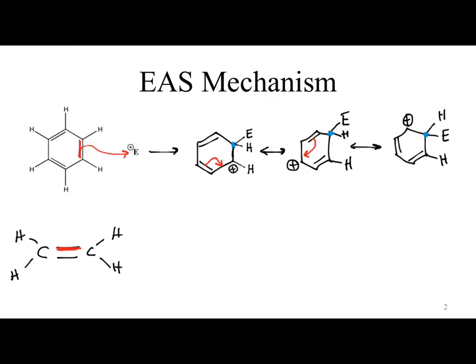These structures carry a very particular name, and it's all based on that blue carbon. What can you tell me about the bonds around that blue carbon? Wow, I think I actually heard someone say it. They are all sigma bonds. These 3 structures typically get called sigma complexes or sigma structures.